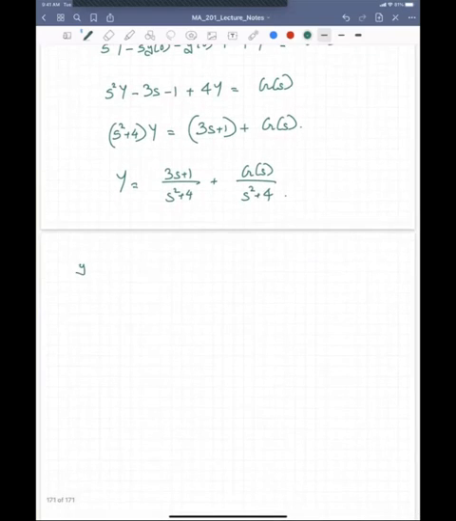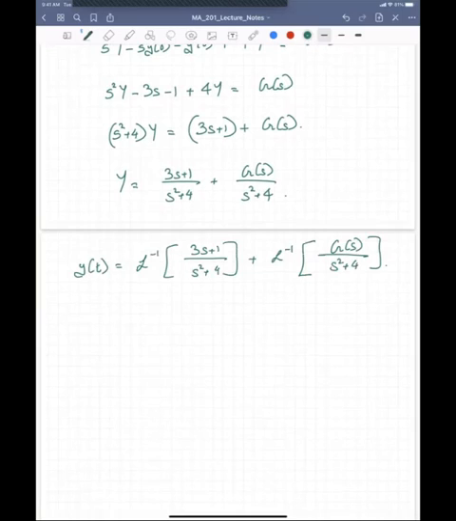So y of t is obviously L inverse of (3s plus 1) over s squared plus 4, plus L inverse of G of s over s squared plus 4. Even this is things you have already done before. But here the question is, suppose capital G turns out to be a little tricky and you're not able to evaluate this inverse Laplace transform easily, what do you do?